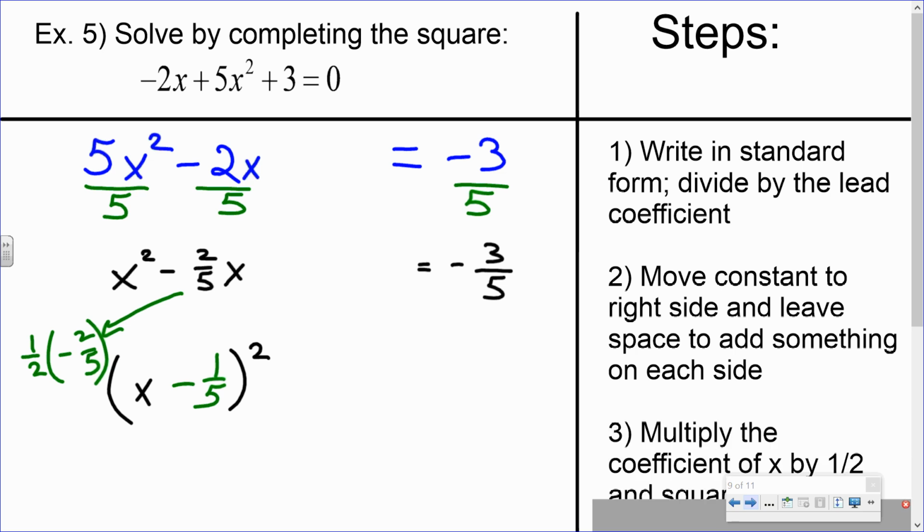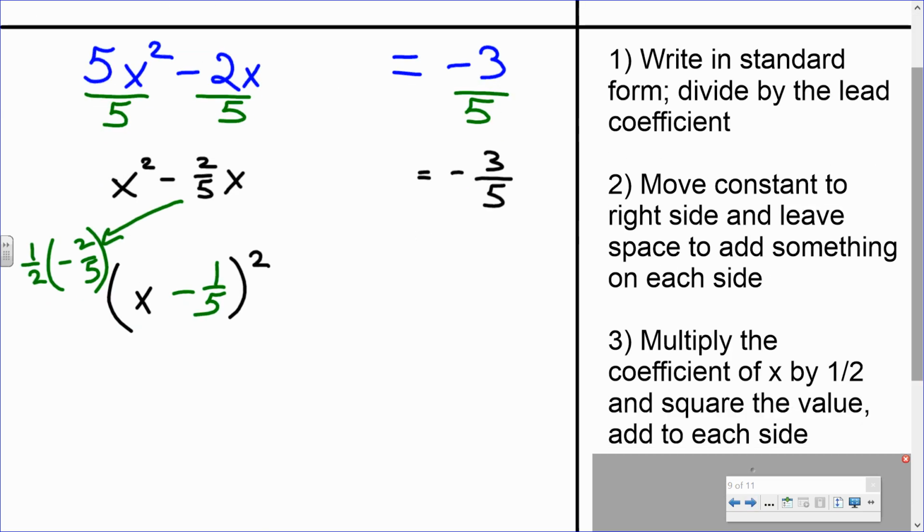Okay, then we FOIL out this parentheses that we've got. x minus a fifth times x minus a fifth gives us x squared minus a fifth x minus a fifth x, minus 2/5 x. And finally, minus a fifth times minus a fifth gives us plus 1/25.